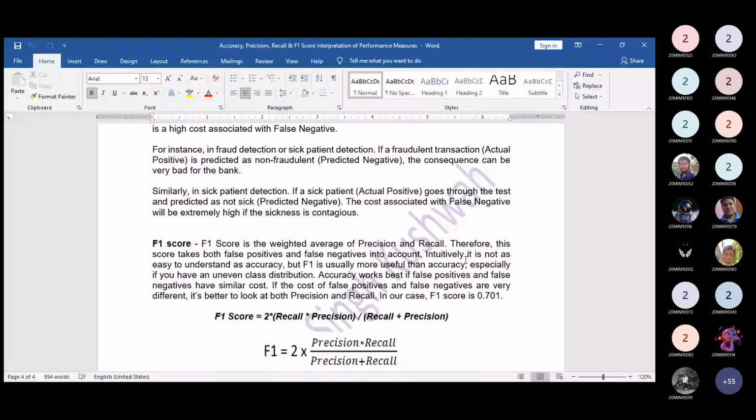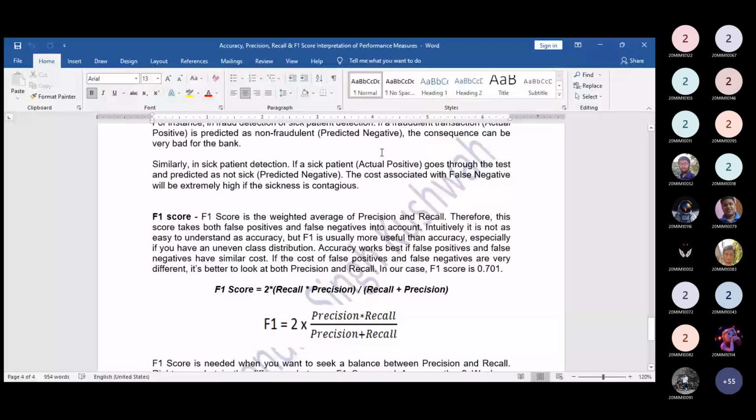What is the formula? The formula is very simple. F1 score is equal to 2 into precision into recall divided by precision plus recall. Without knowing the recall and precision values, you are not able to calculate the F1 score.